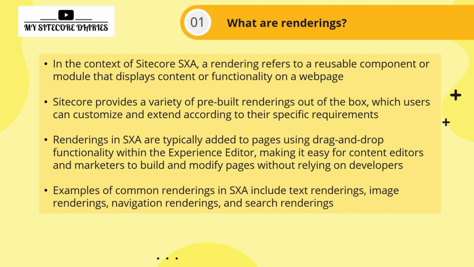Examples of common renderings in SXA include text renderings, image renderings, navigation renderings, and search renderings. There are many out-of-the-box renderings available in Sitecore SXA.